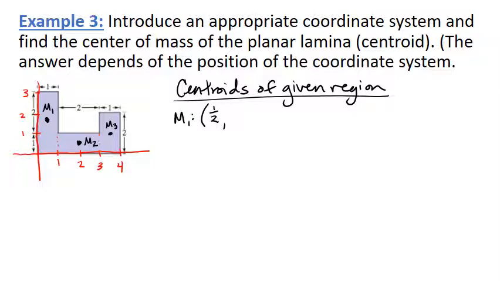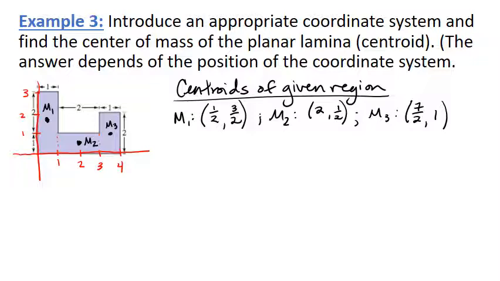So half of that is 3/2. We're going to do the same thing for the second region. The second region, the x value is 2 for this ordered pair, and the y value would be 1/2. Finally, the third region, we would have an x value of 3.5, or 7/2, and a y value of 1.